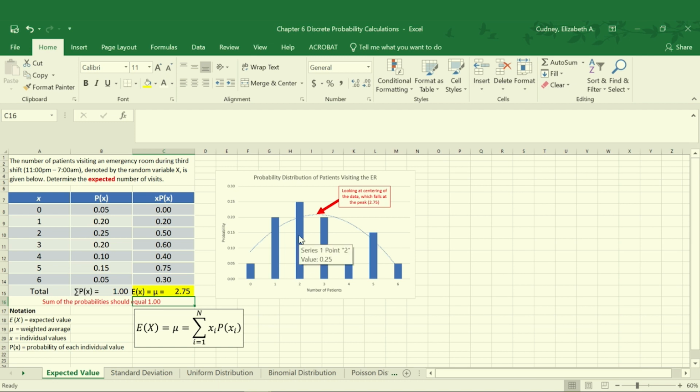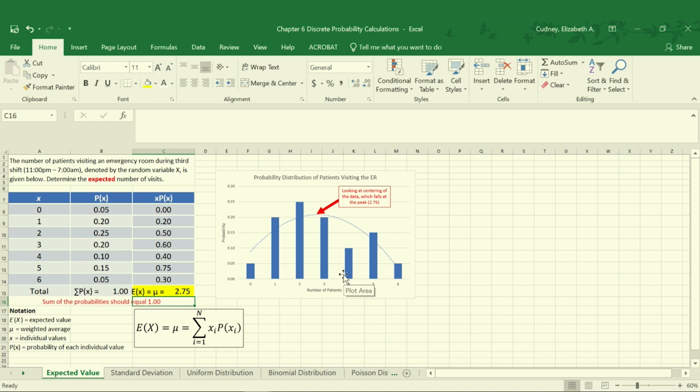So this is where using my calculations, such as the expected value, along with a graph, I can use that for my business decisions. And in this case, I would probably want to staff on the higher side because the risk of not staffing high enough would cause issues with patients being left out in the waiting room waiting to be seen.